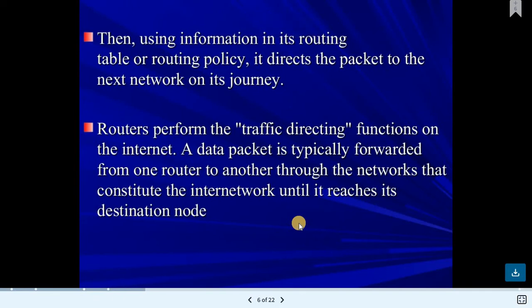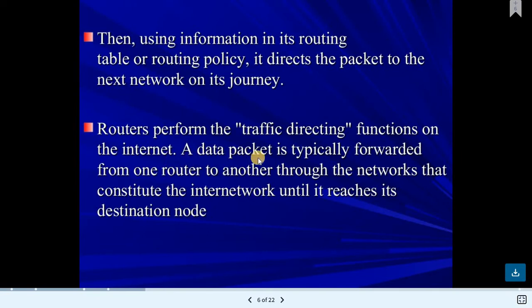So then using this information, in its routing table or routing policy, it directs the packet to the next network on its journey. So the line or my home line will travel towards the YouTube IP address, or YouTube server. Routers perform the traffic directing functions on the internet.